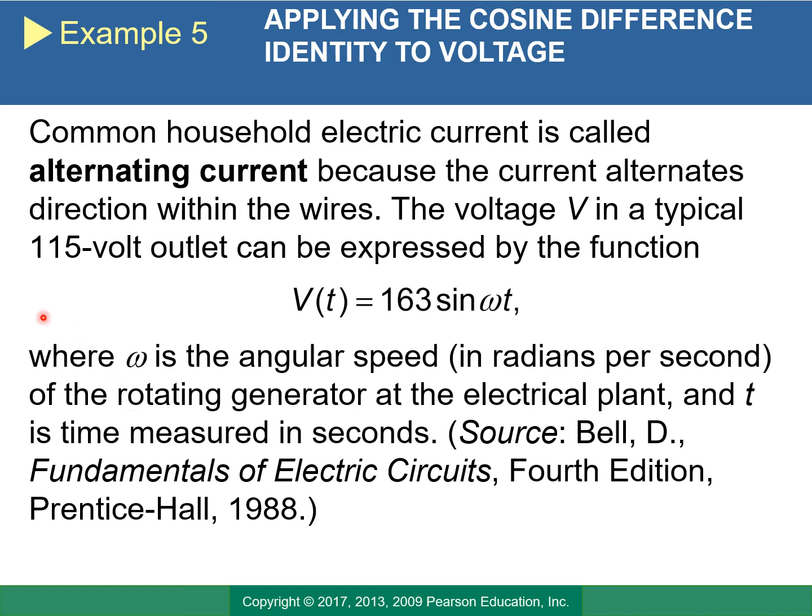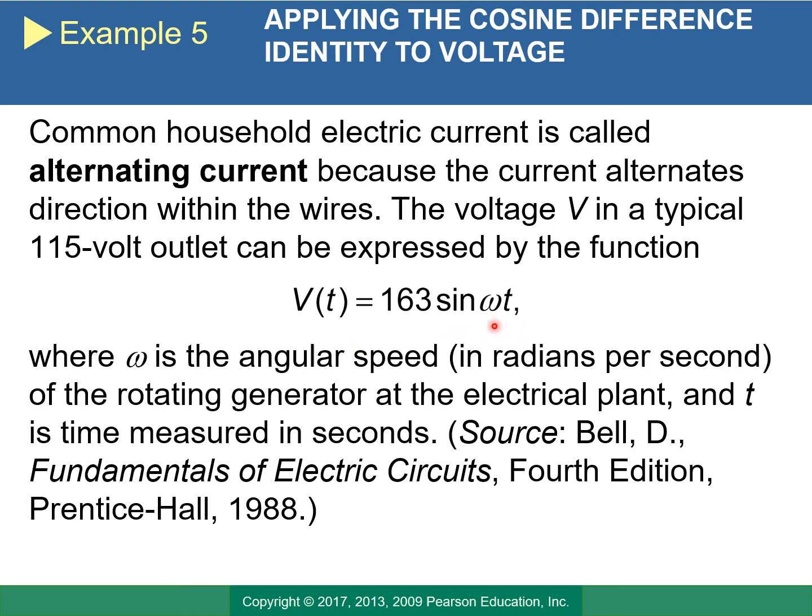All right, we're going to run through a quick example of an application of these formulas. A common household electric current is called alternating current because the current alternates directions within the wires. The voltage V in a typical 115 volt outlet can be expressed by this function: V of t equals 163 sine of omega t.